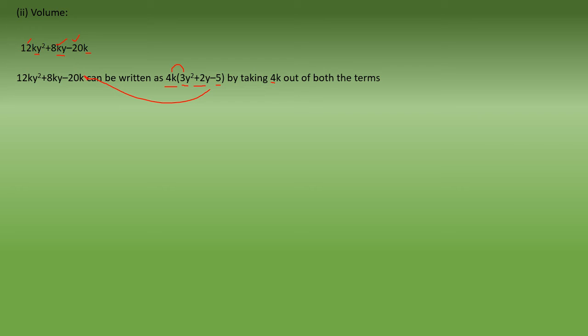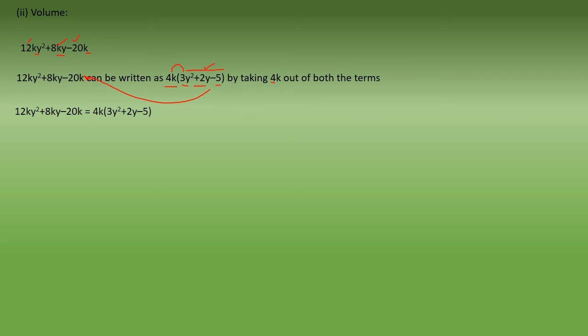We can write it this way. Now we have this expression, so we can use the middle term splitting method. We can write 4k into 3y square plus 2y minus 5.